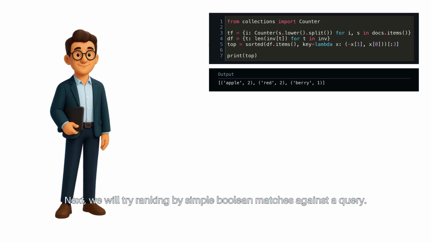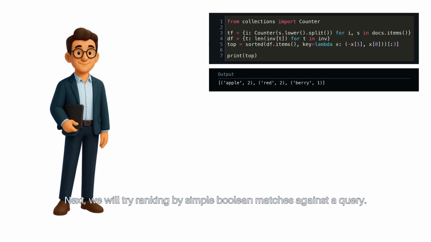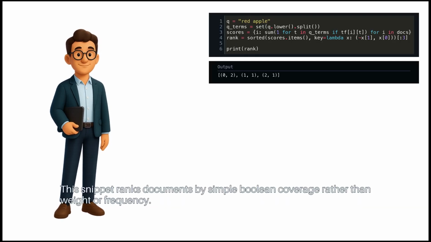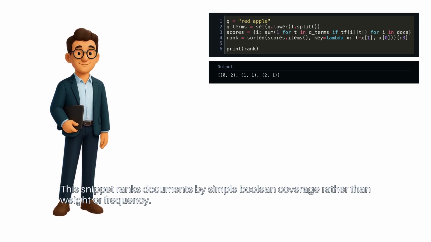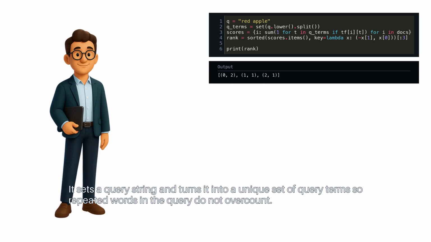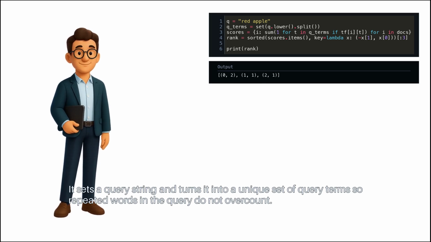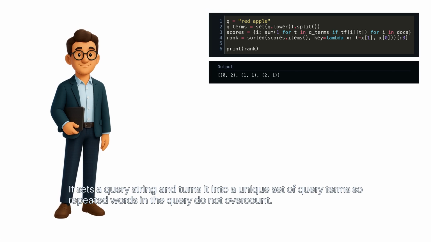Next, we will try ranking by simple Boolean matches against a query. This snippet ranks documents by simple Boolean coverage rather than weight or frequency. It sets a query string and turns it into a unique set of query terms, so repeated words in the query do not overcount.